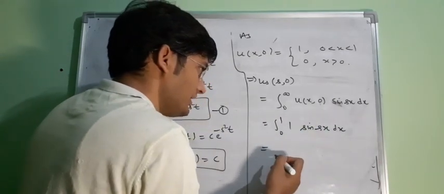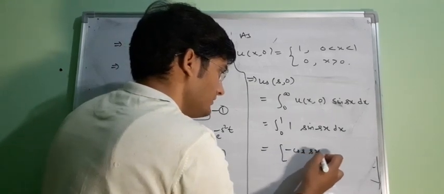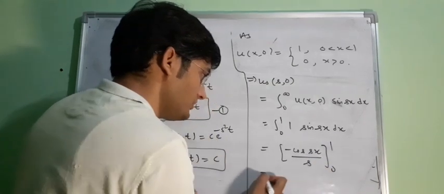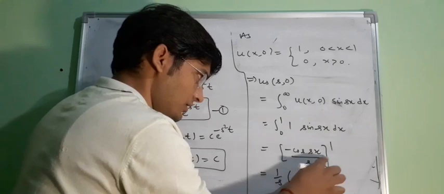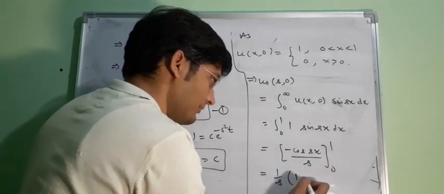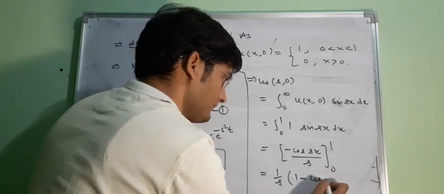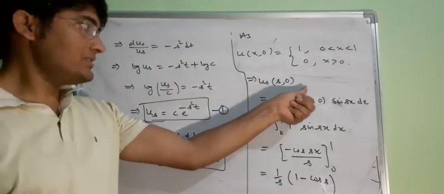Now integration of sine sx will be minus cos sx divided by s, with limits from 0 to 1. So this is equal to 1 upon s, 1 minus cos s. So this is the value of us 0.